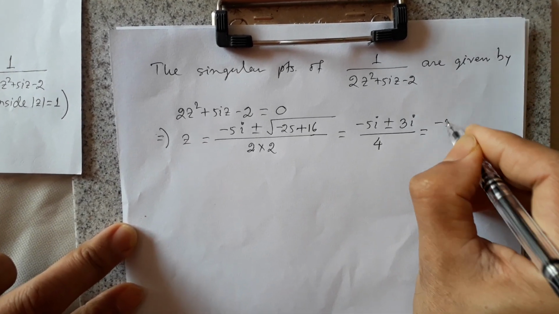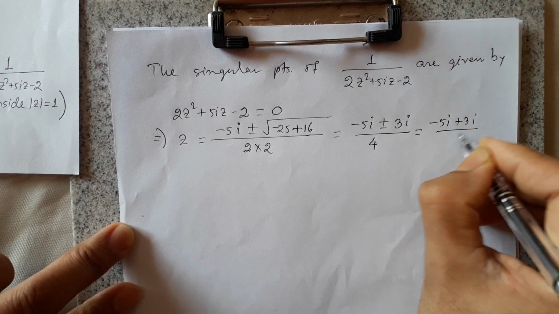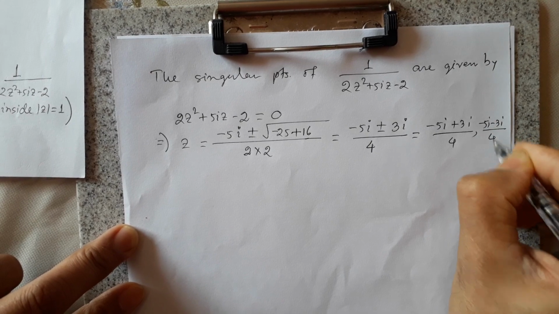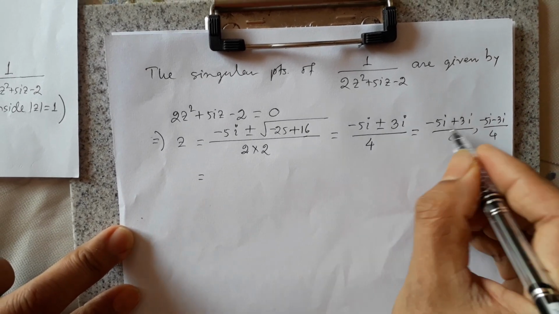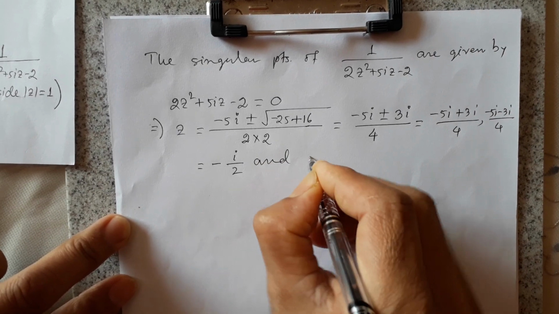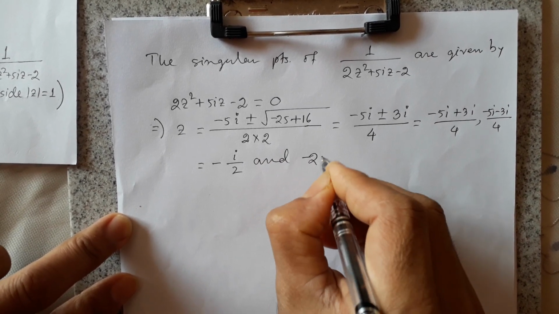So this is minus 5i plus 3i divided by 4 and minus 5i minus 3i divided by 4, that is minus i by 2 and minus twice i.